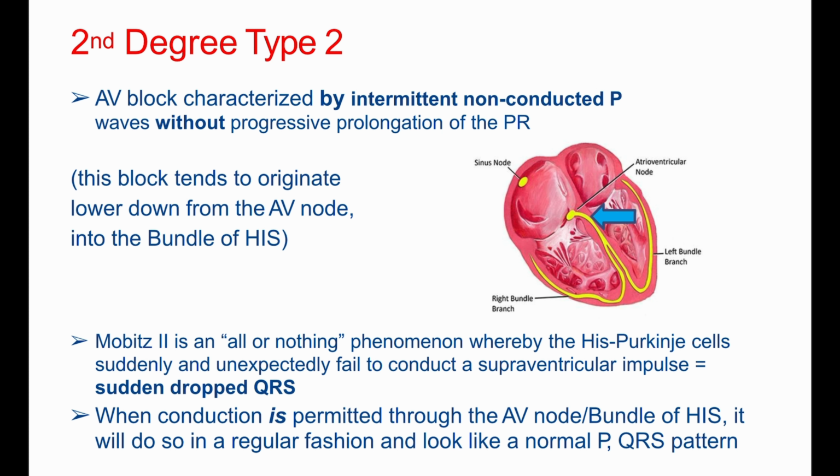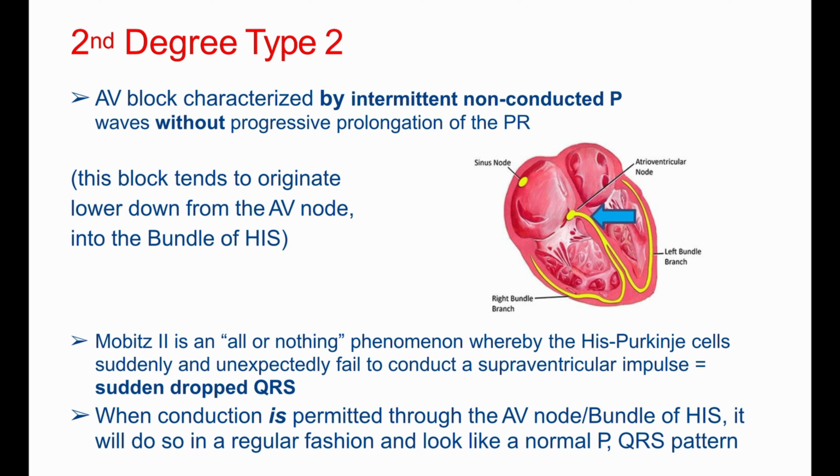Second degree type 2 is an AV block characterized by intermittent non-conducting P waves without progressive prolongation of the PR interval. This block tends to originate lower down, from the AV node into the bundle of His, as you can see in the image. Mobitz 2 is an all-or-nothing phenomenon where the Purkinje cells suddenly and unexpectedly fail to conduct a supraventricular impulse.